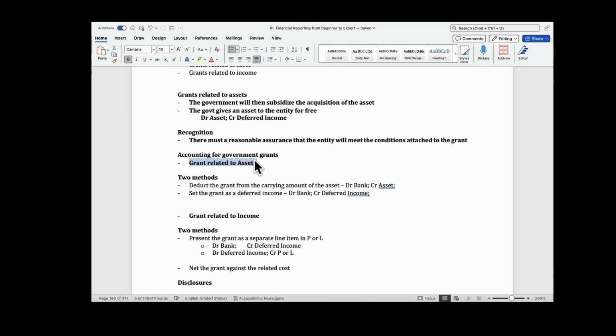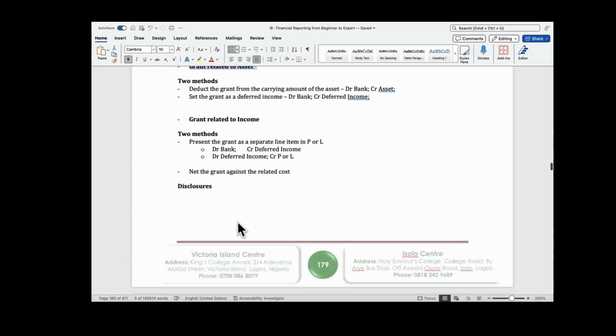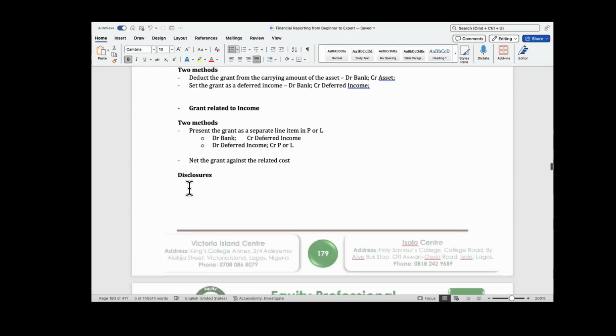Or it's possible that government can help you pay your staff salaries. If it happens like that, that money you collected is a grant related to income. It's not common in this part of the world. They hardly give anything.